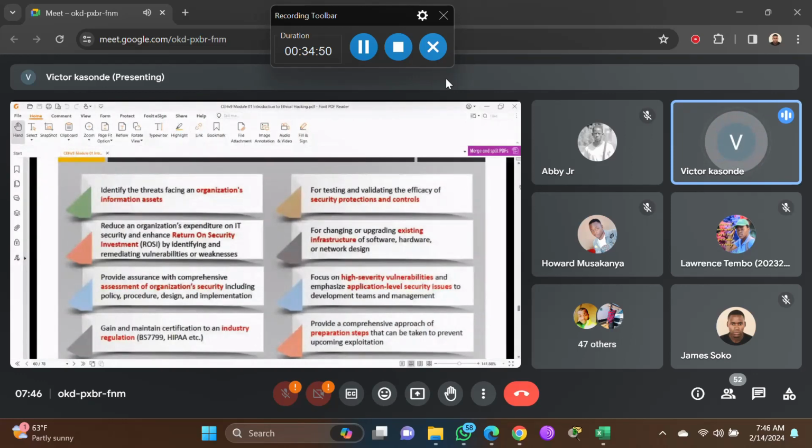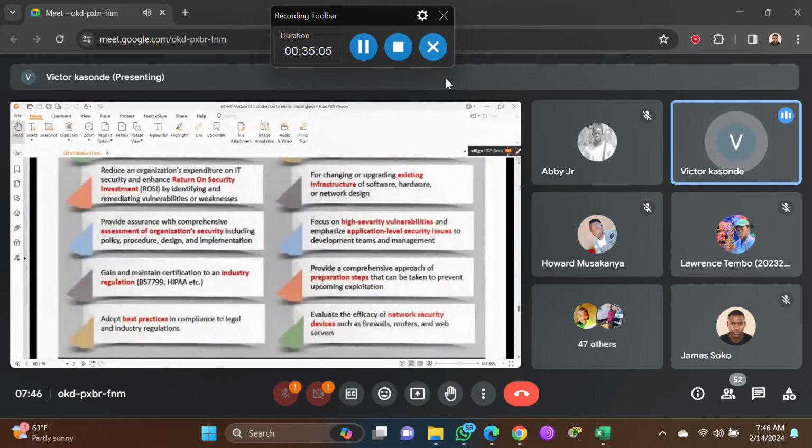The other one is to provide assurance with a comprehensive assessment of organization security, including policy, procedure, design, and implementation. The reason again why we do that is to maintain certification to industry regulation. If there is a vulnerability, you patch it, and you have maintained certification to an industry regulation.